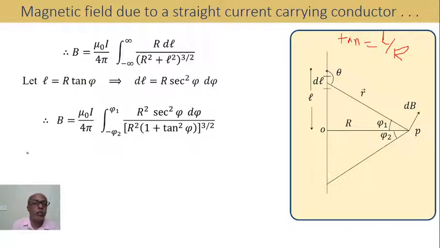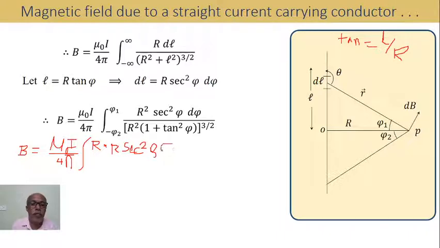Let me explain how this happened, simplifying here. B equals mu naught I by 4 pi, into integral from minus phi 2 to phi 1, r as it is, into dl which is r secant square phi d phi, whole divided by r square as it is.